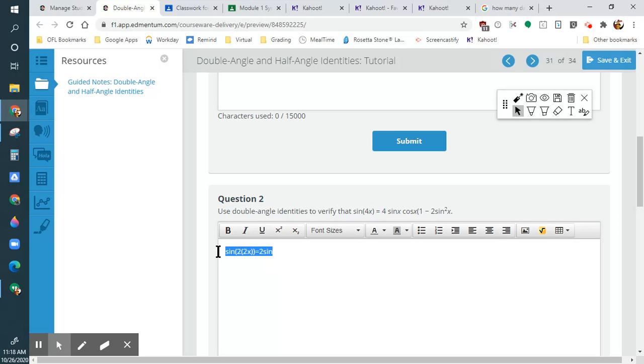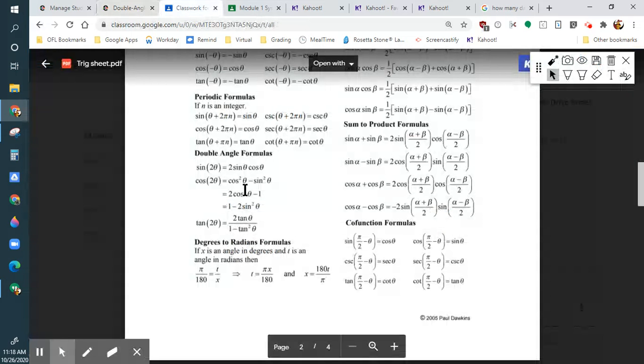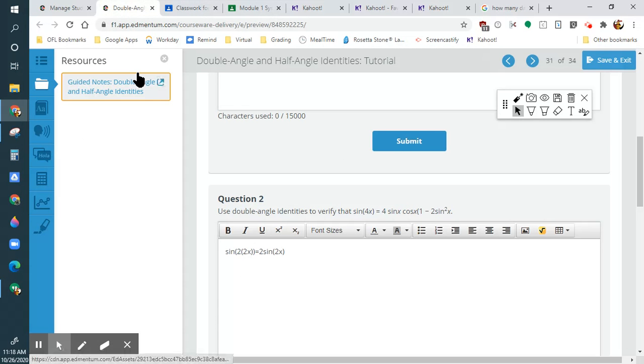Oh, but we're doing it with x's. So I won't do it with x's because I've already started it. Is 2x. So our theta here is 2x. And do the 2x cosine of 2x. That's our argument again.